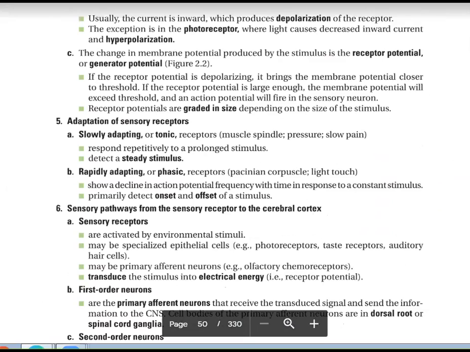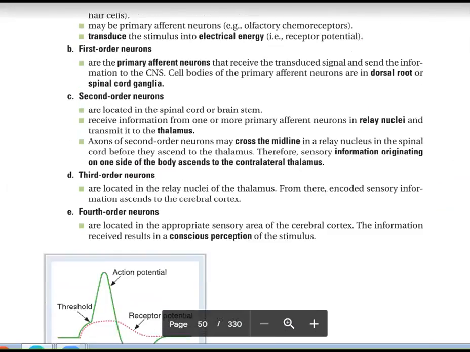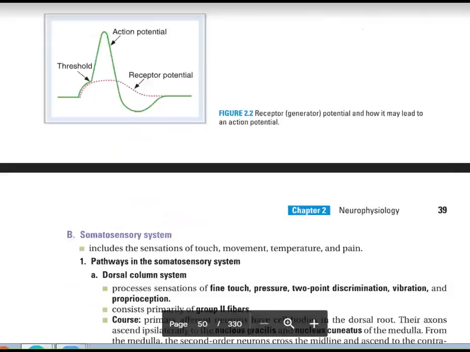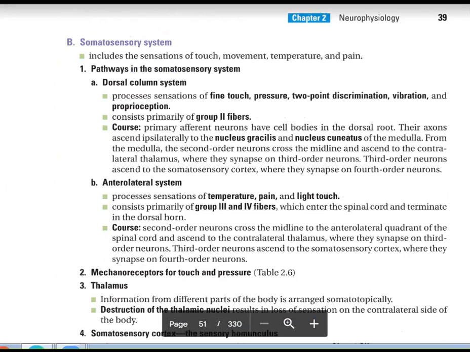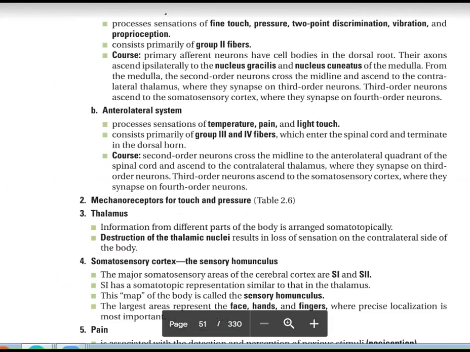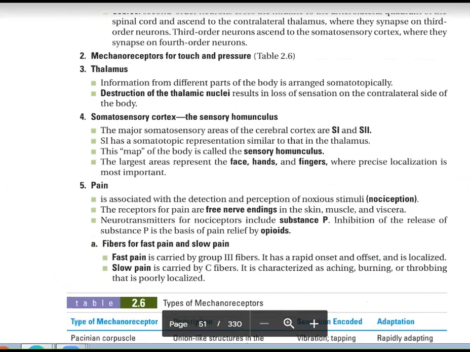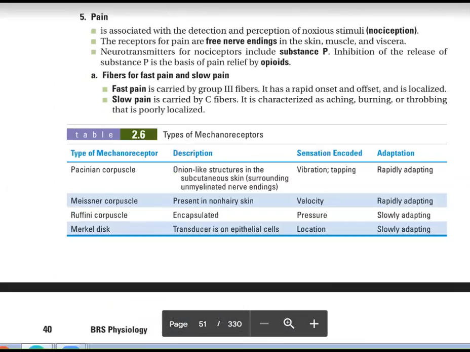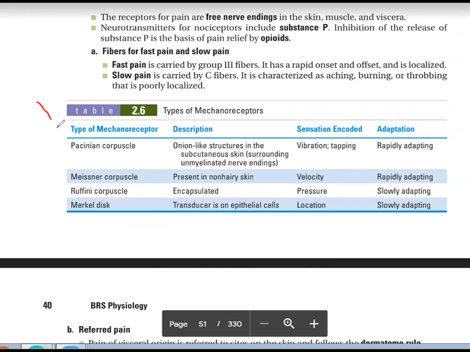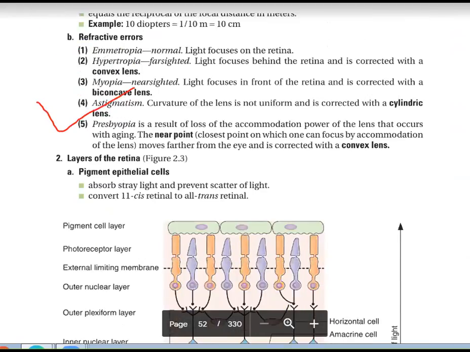We will go one by one, with first order, second order, third order neurons. A bit about action potential comes in here. Then the somatosensory system, all the details of these nuclei. So these things will take a bit of time. Neurophysiology is time consuming. Learn this chart. This is very important. Then we have vision.